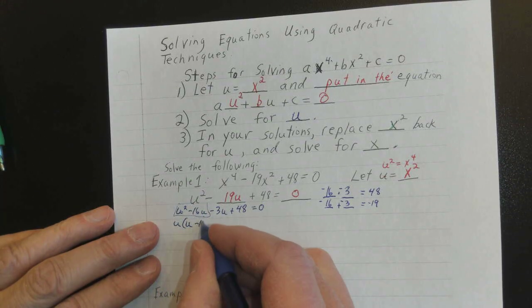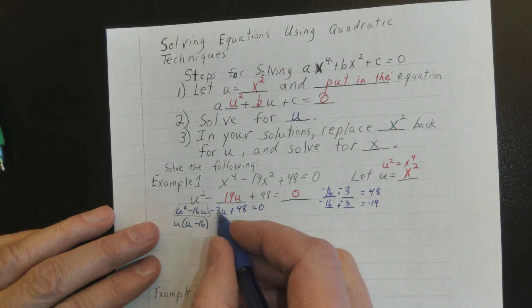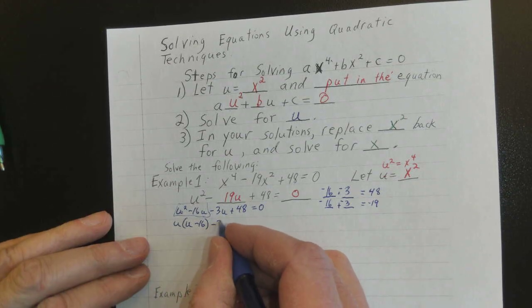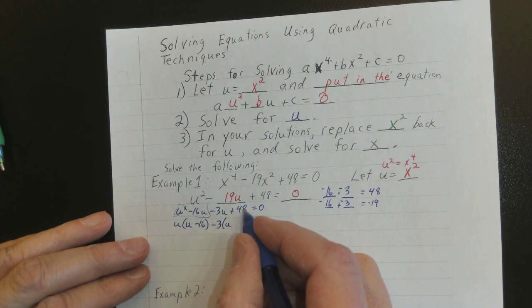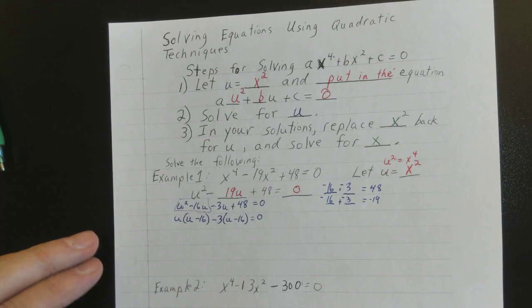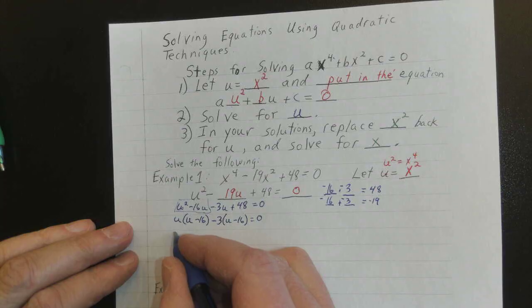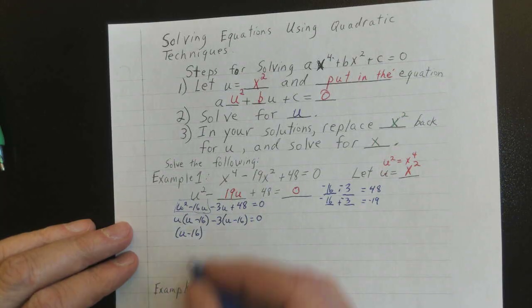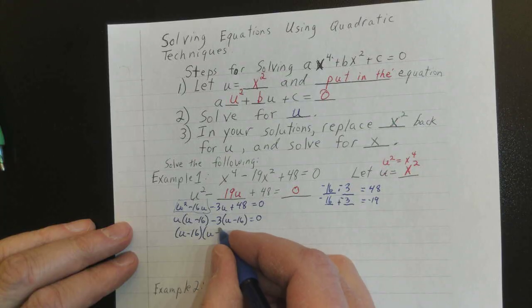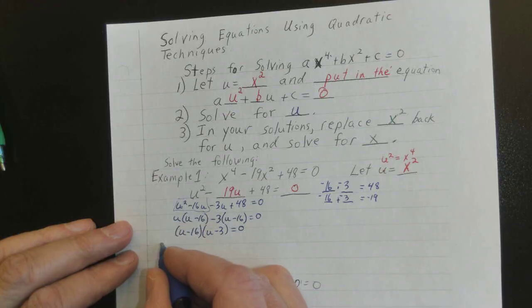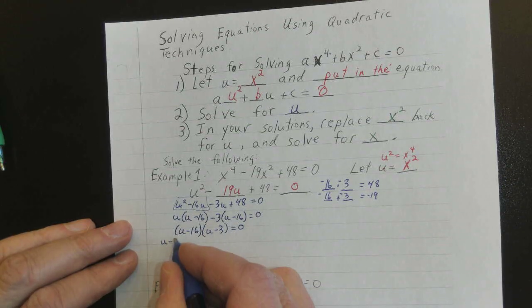Negative 16u over u is negative 16. Okay, 3 times 16 is 48, right? So I'm going to use negative 3 right here. Then I have u. 48 divided by negative 3 is negative 16. And now I'm ready to write the factored form. The common is u minus 16. The front part's u minus 3. That equals 0.